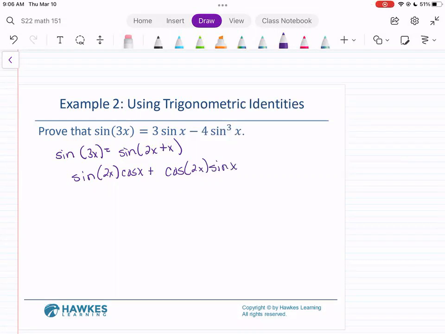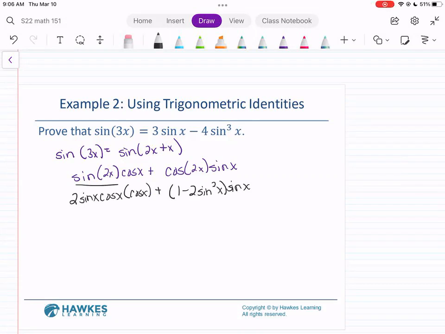And then using the identities that we have just learned, we can apply the double angle identities, which gives us 2 sine of x cosine of x, and then still times the cosine of x, plus (1 minus 2 sine squared of x) times sine of x.